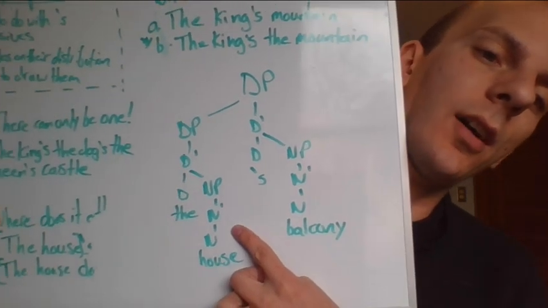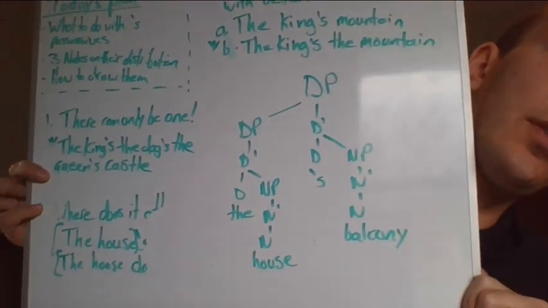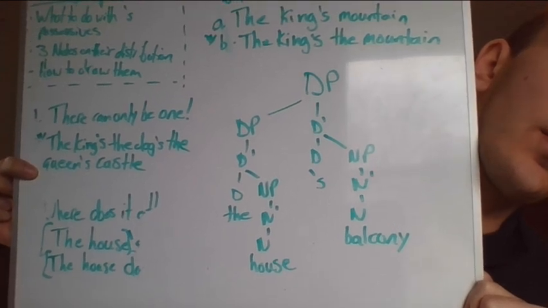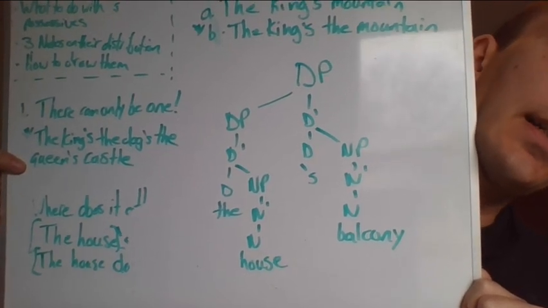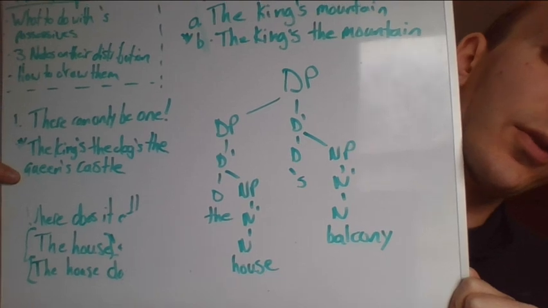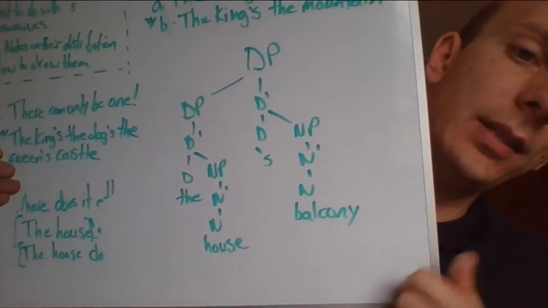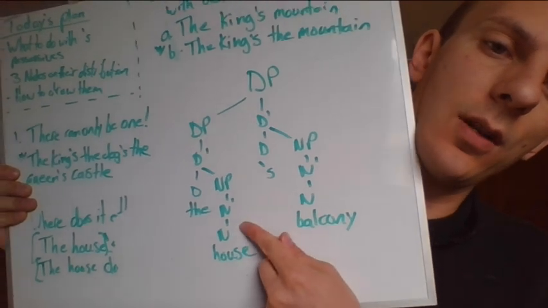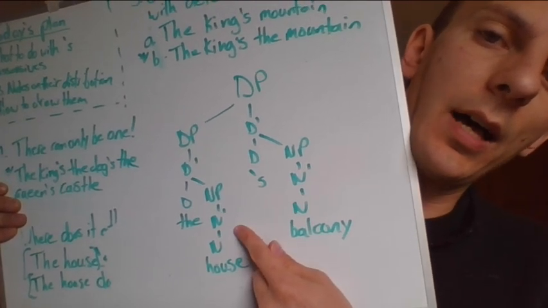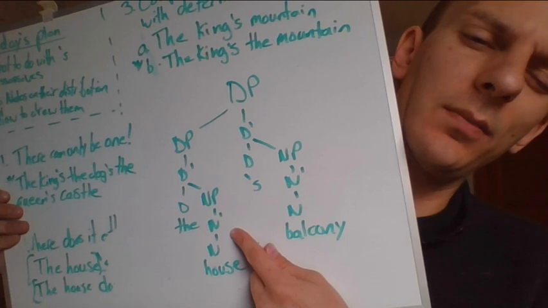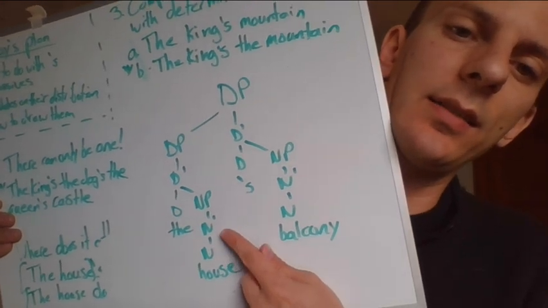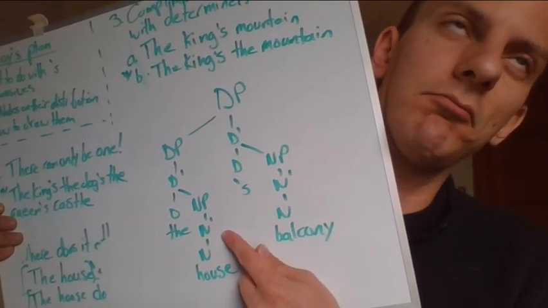So let's try to draw our sentence from observation 2 that I erased with my hand. It was the house down the road's balcony. The house down the road's balcony. And we're going to see that we want the down the road to modify off of this N bar here, or probably since it's an adjunct.